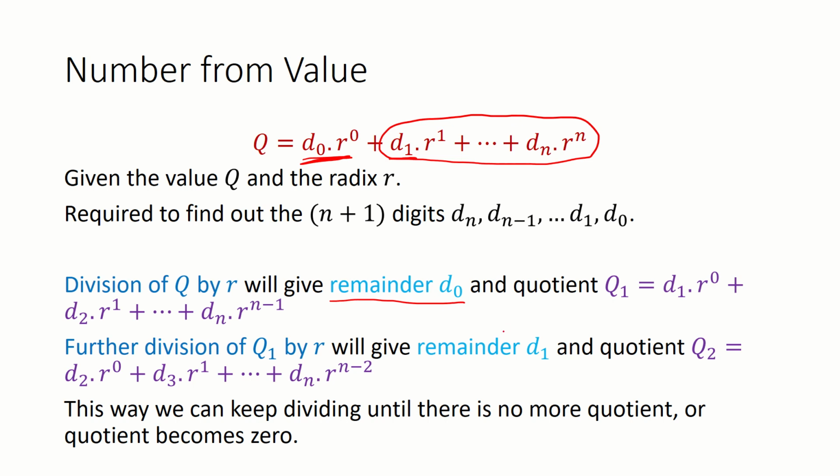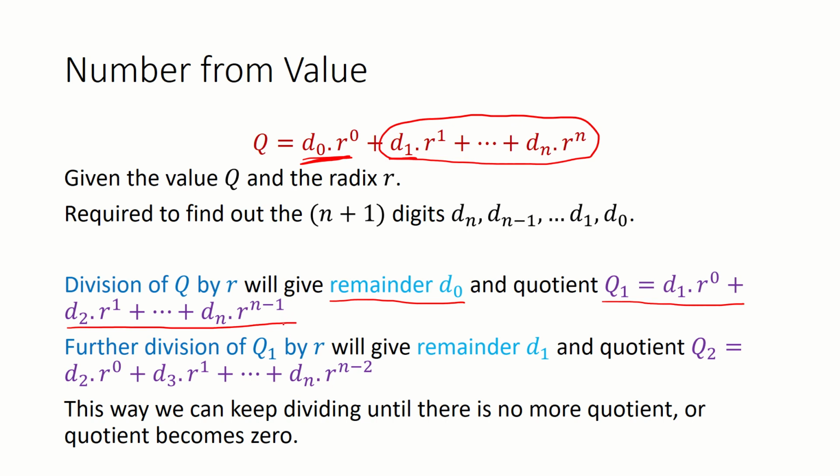So, if you do a division by r on the number, the remainder that you get will give you d0, and the quotient that you get will be d1 r^0 plus d2 r^1 up to dn r^(n-1), because an r has been extracted from there.